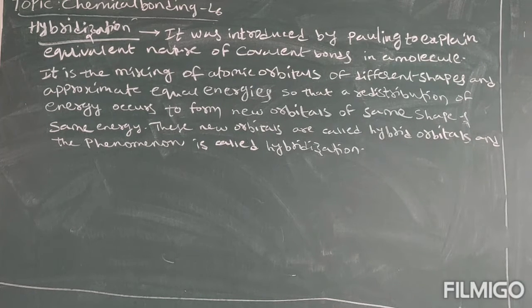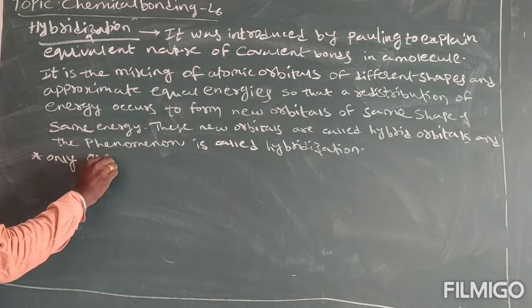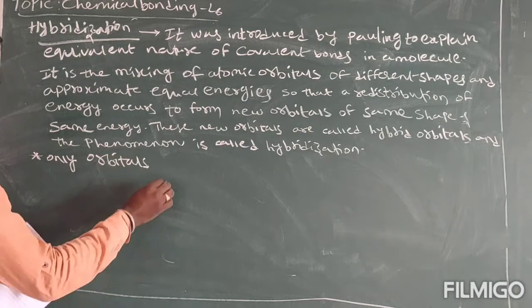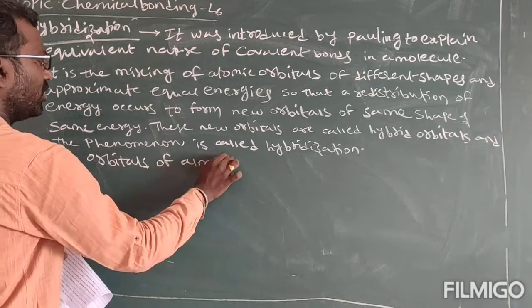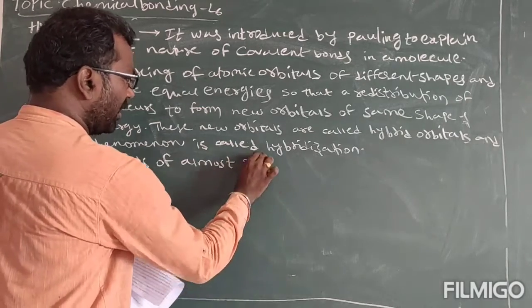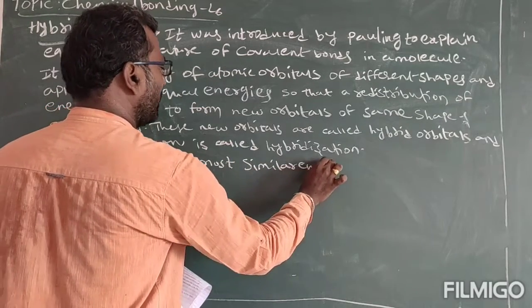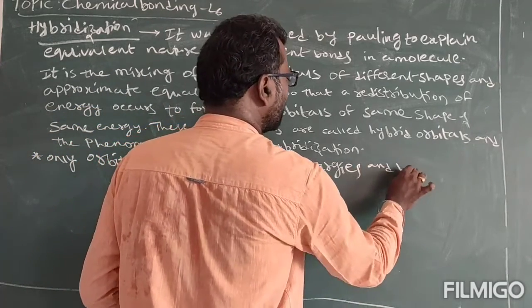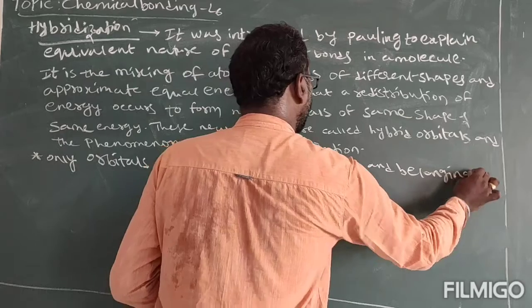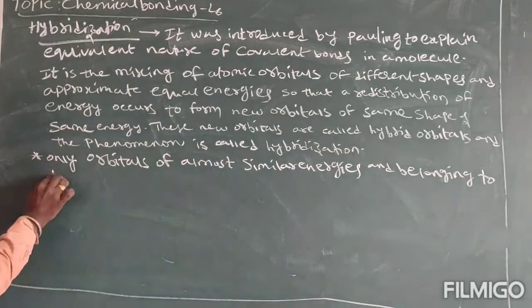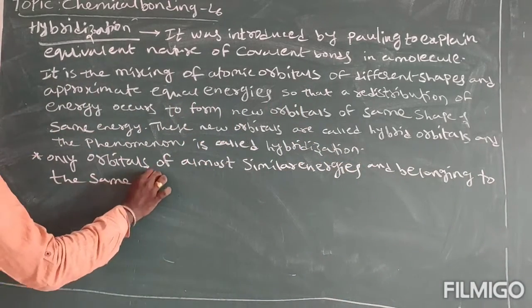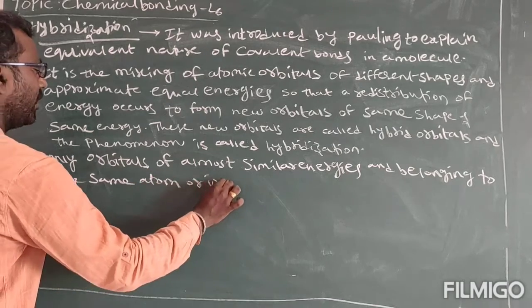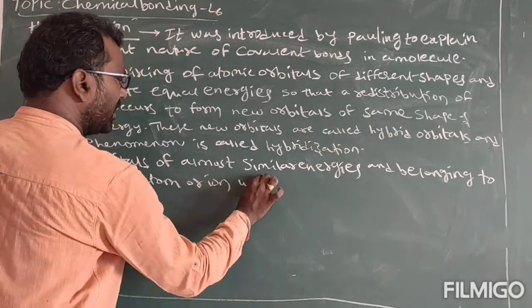The next point is: only orbitals of almost similar energies, belonging to the same atom or ion, undergo hybridization.